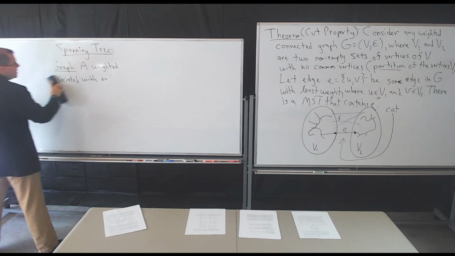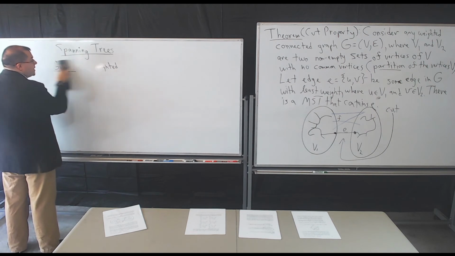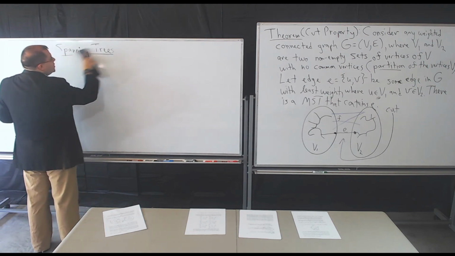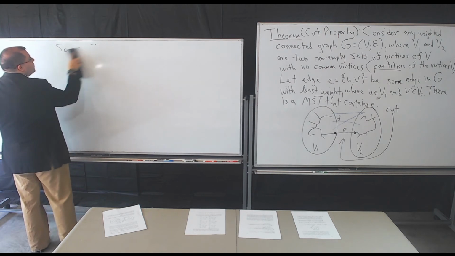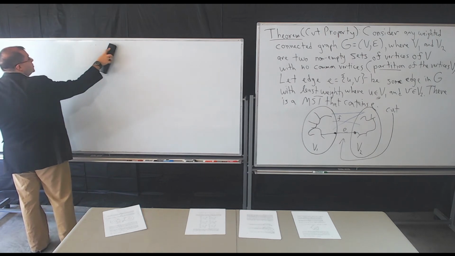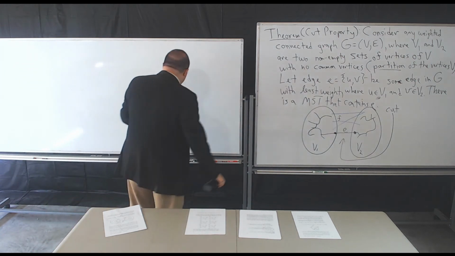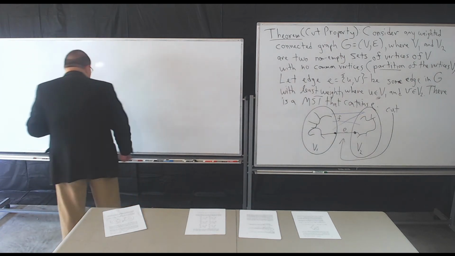Now, I'm not going to discuss the proof of correctness of either algorithm I'm going to present to you here. However, in the notes, I present the proof of correctness of one of the two. You'll see very quickly that the cut property is quite closely related to how these algorithms are designed.